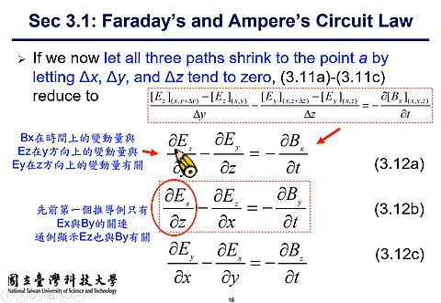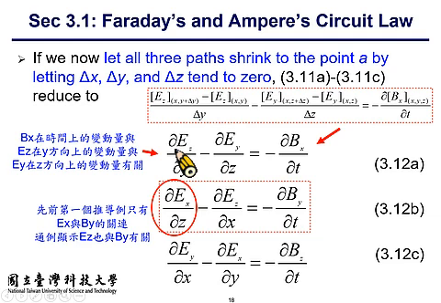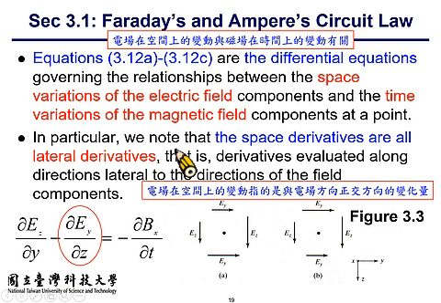And in this slide, this result suggests that the time domain difference of the magnetic field is associated with the spatial difference of the electrical field.